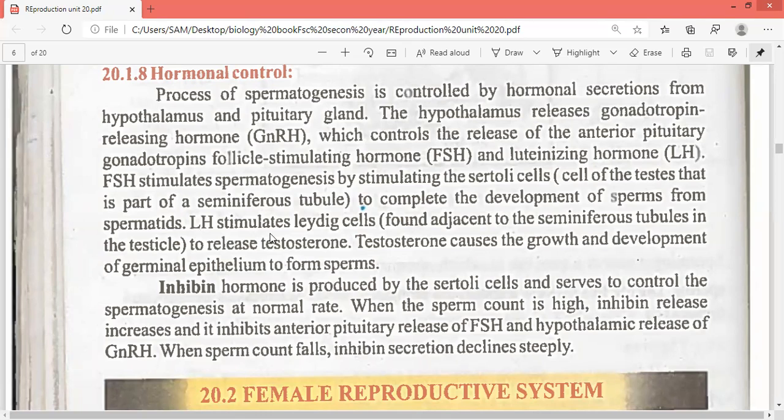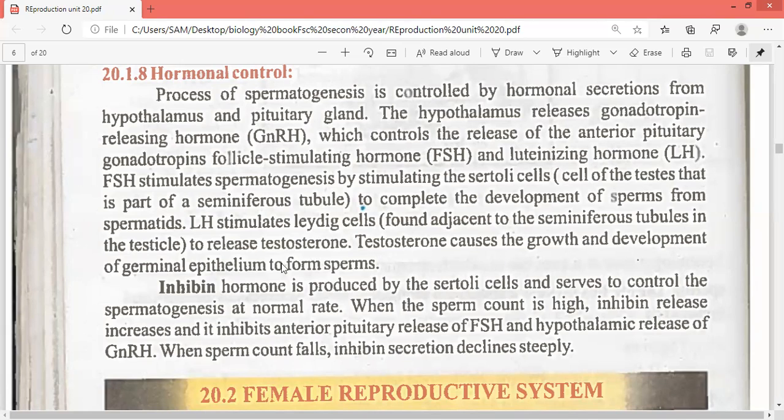Luteinizing hormone stimulates the Leydig cells found adjacent to the seminiferous tubules in the testicle to release क्या, टेस्टोस्टेरोन. तो आपके पास ये दो टाइप्स ऑफ हॉर्मोन्स हैं, FSH और LH, that are knocking at the door of the cells like Sertoli cells and Leydig cells. Sertoli cells are stimulated by the FSH and Leydig cells are stimulated by LH to release the testosterone.